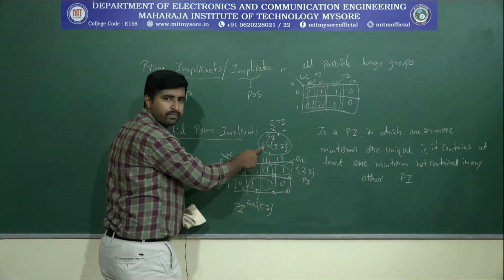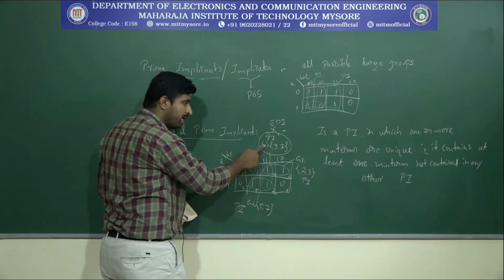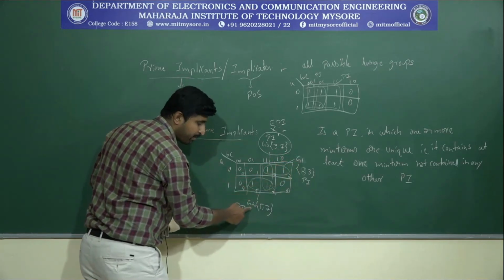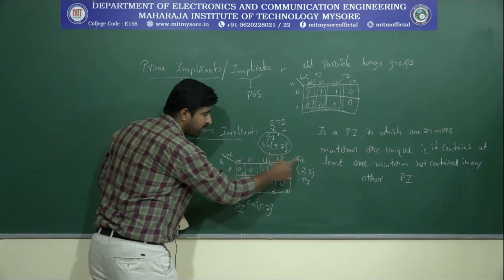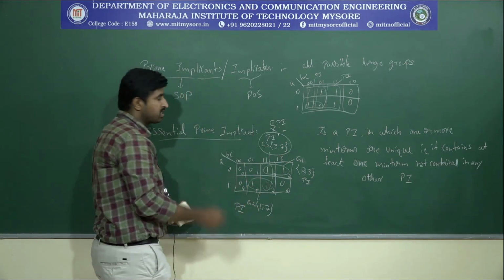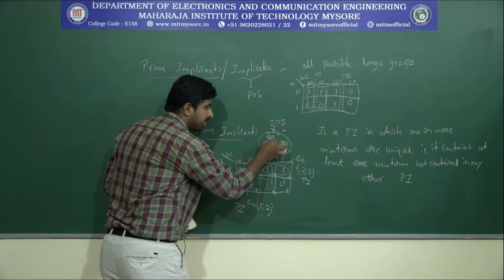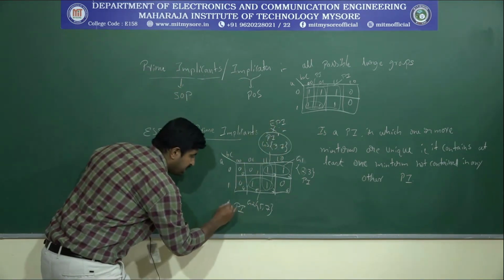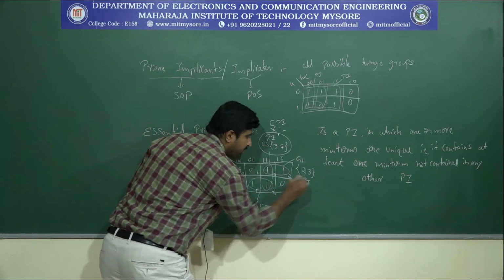But for group 3, the min terms 3 and 7 appear in group 1 and group 2. So 3 is available in group 1 and 7 is available in group 2. This means group 3 is not an essential prime implicant, and these two are the essential prime implicants.